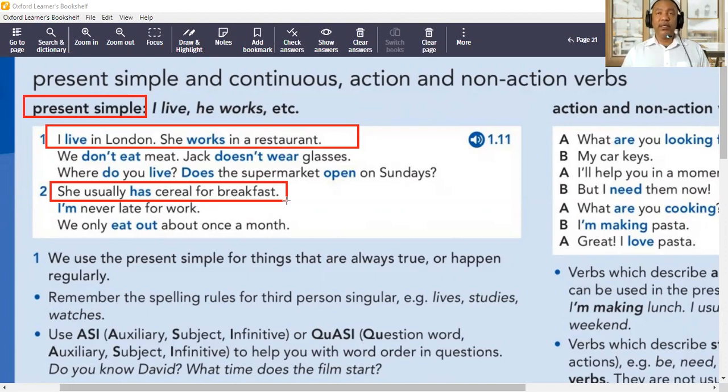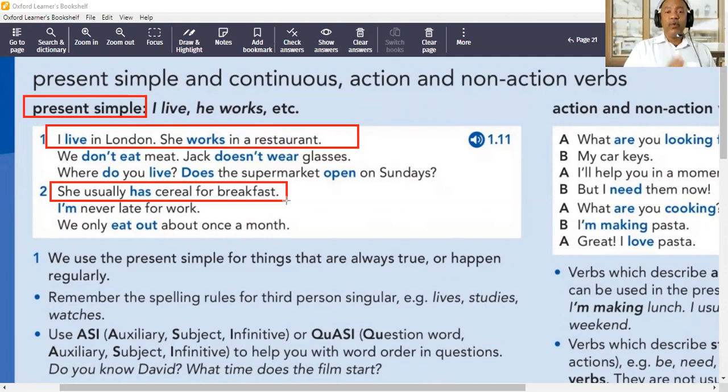Very well. Now, remember that the present simple has two moments. The first moment is when you use I, you, we, they, and the plural, right? This moment, we need to use the verb in its original form. So I live, we live, they live, okay, people in the world live, right?